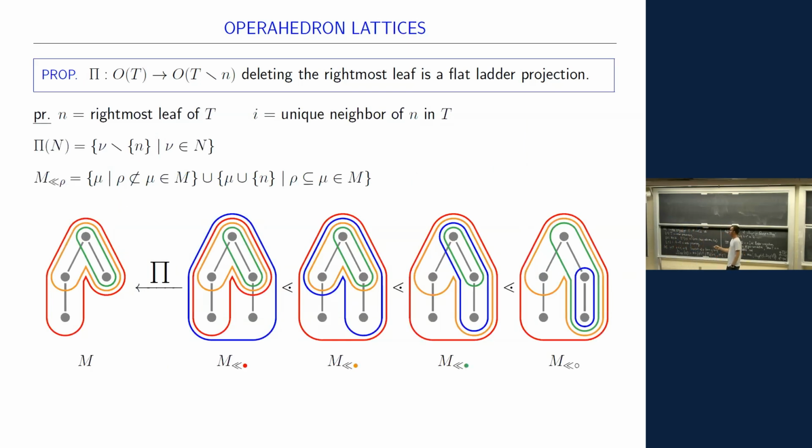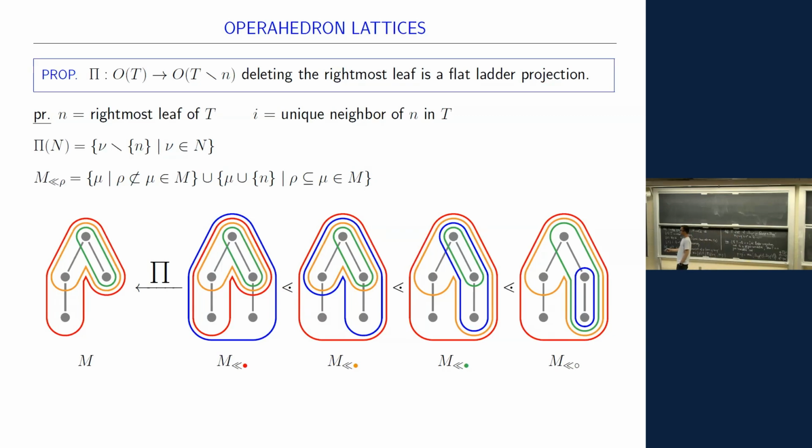Let me go faster because I'm slightly late. So I call n the rightmost leaf. I call i the unique neighbor of n. The projection is the one I just said. You take a nesting, and in each of its nests, you just delete n. Then I can explain what a fiber is.